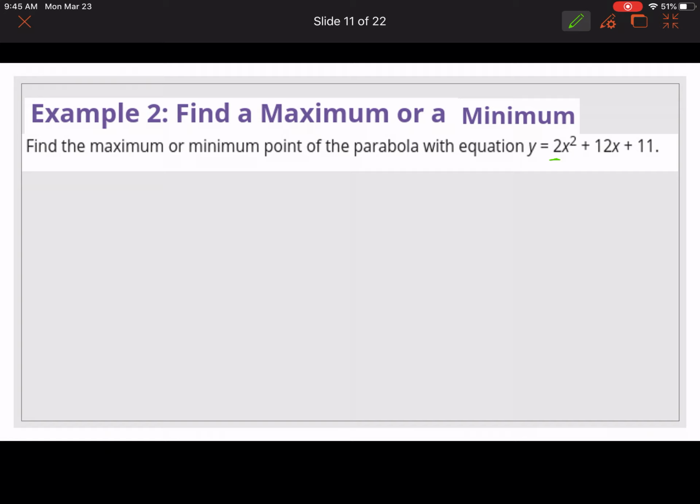Think about that, pause it for a second, see if you can remember what that means. It is the top or the bottom of our graph. So these are our vertex. Our maximum and minimum point is the vertex. So really they're asking us to find the vertex.